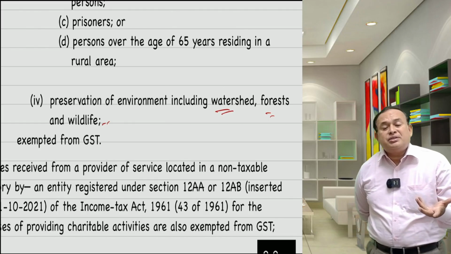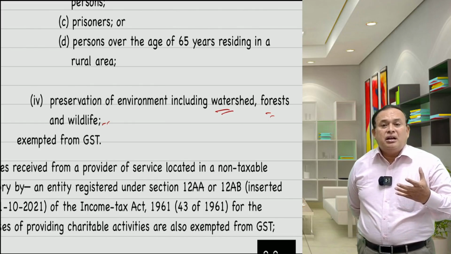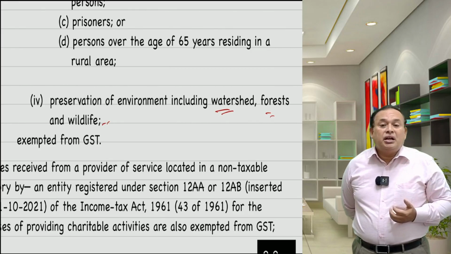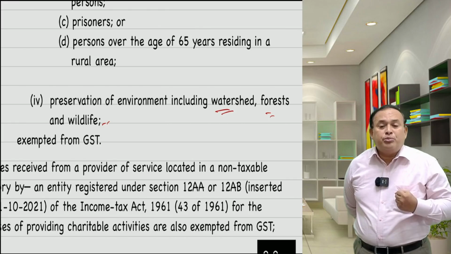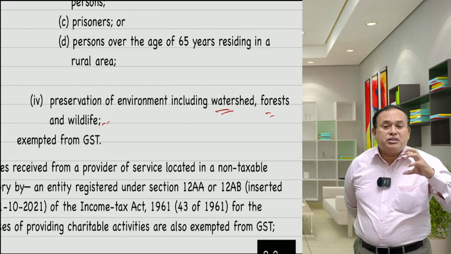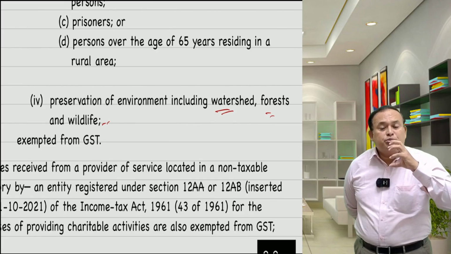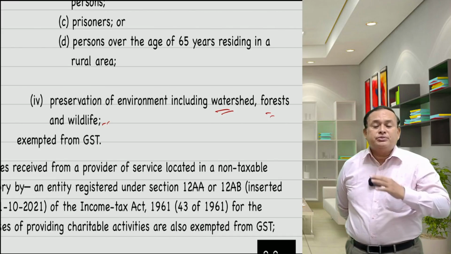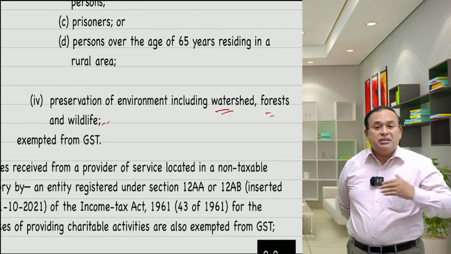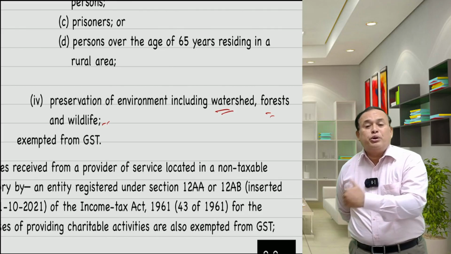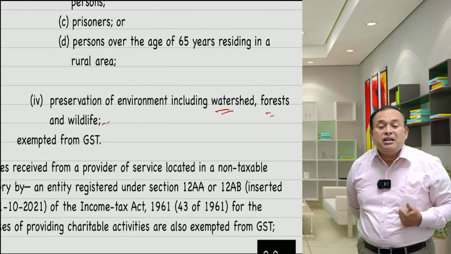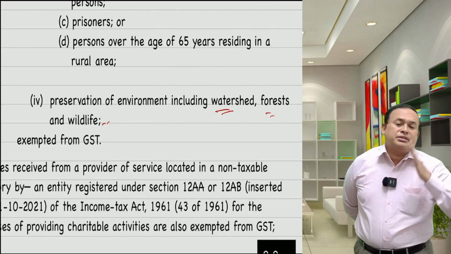What type of services is this, sir? For example, this particular charitable trust is providing services of safeguarding animals of a particular zoo, where the wildlife animals are protected, and charging the charges from the zoo. Who's charging? A charitable institution, free from GST.